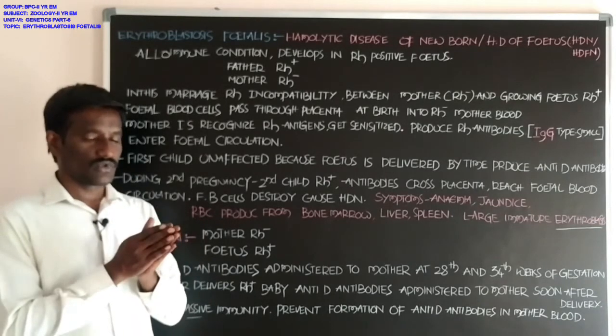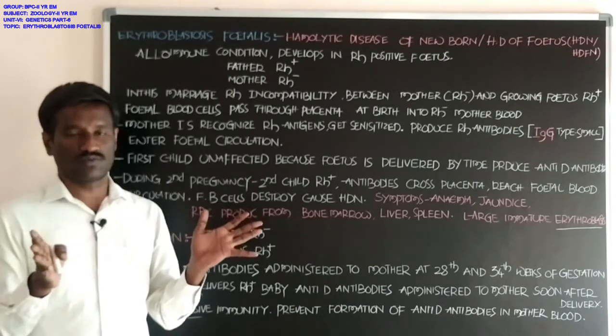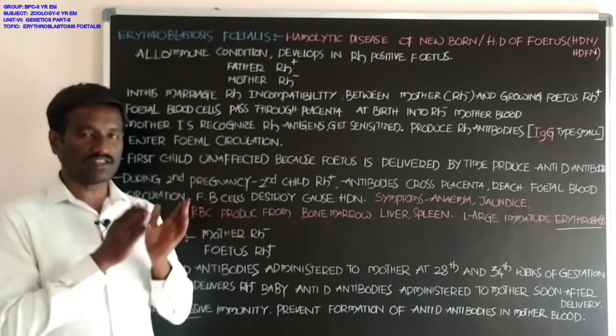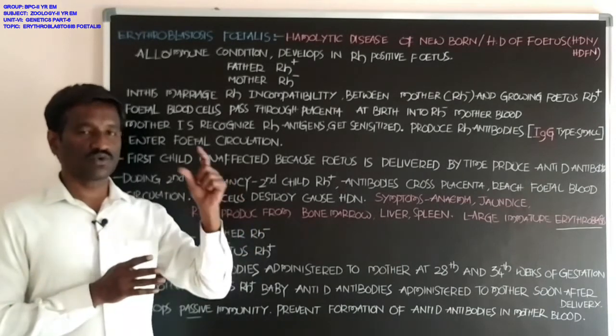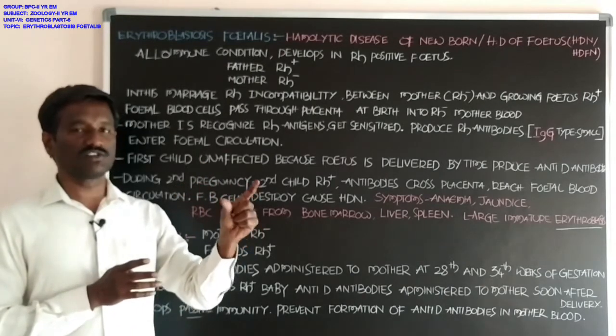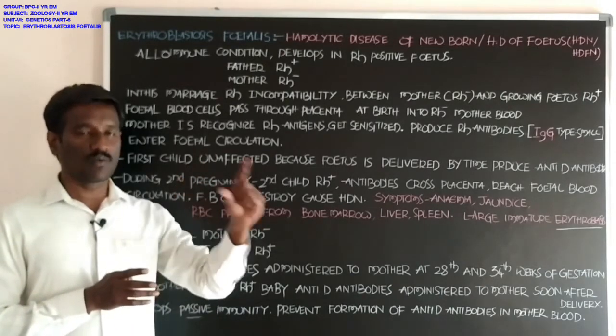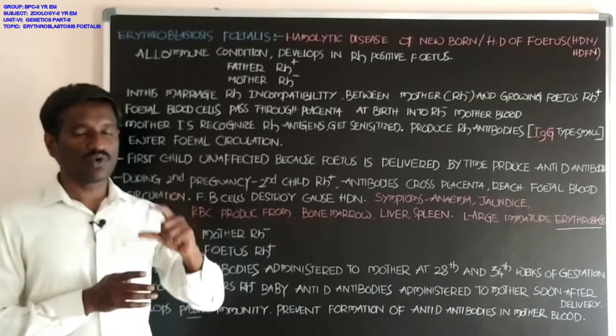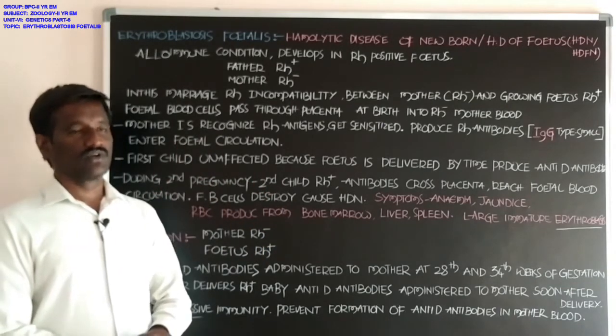So these blood groups are called A positive, A negative, B positive, B negative, AB positive, AB negative, O positive, O negative, like that.